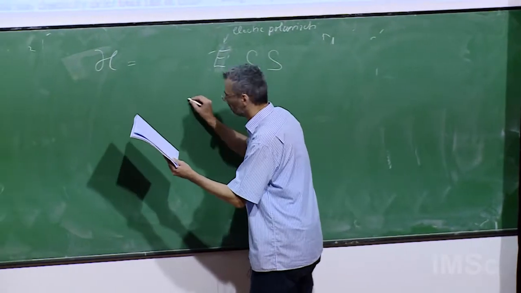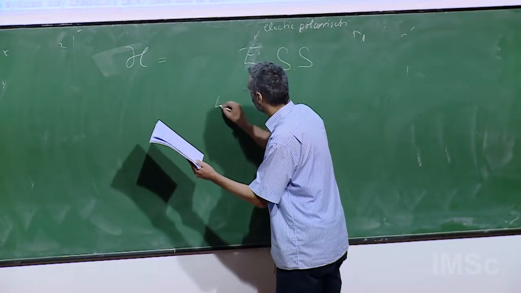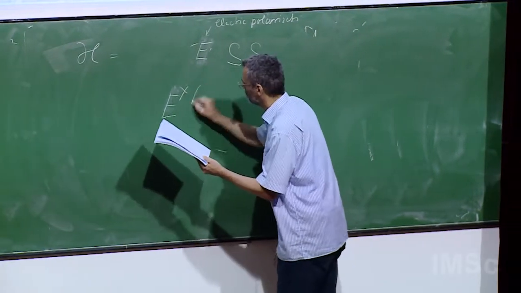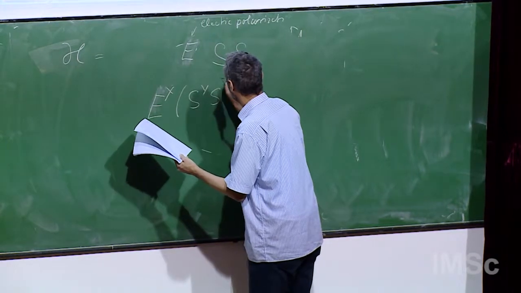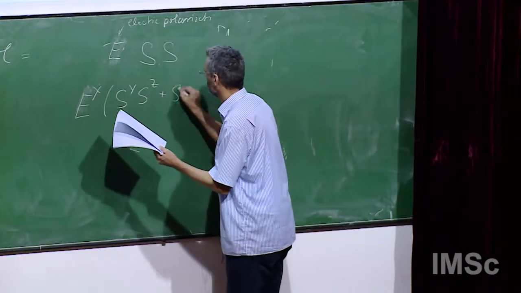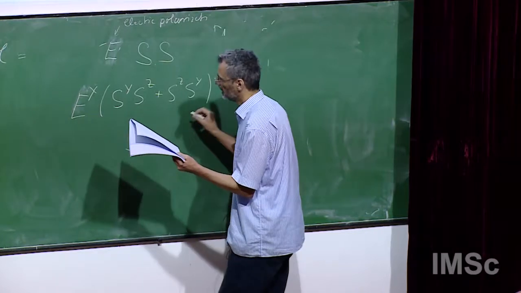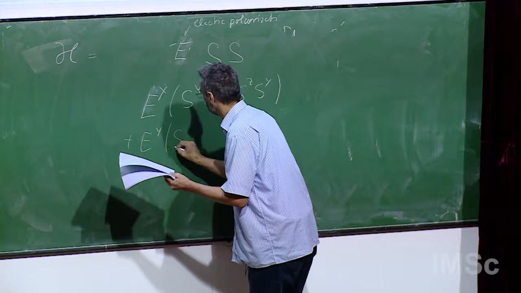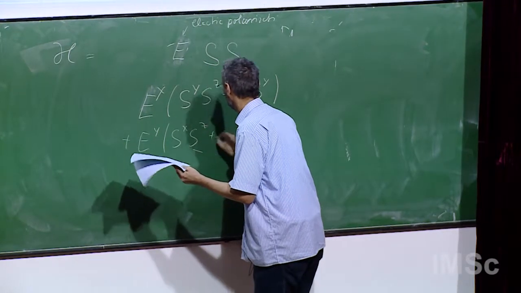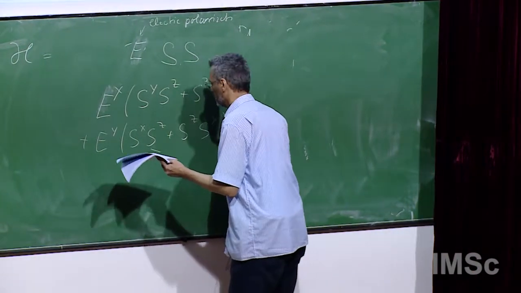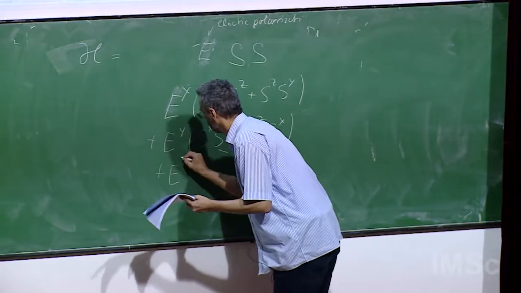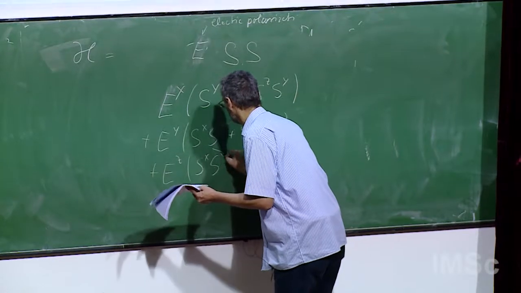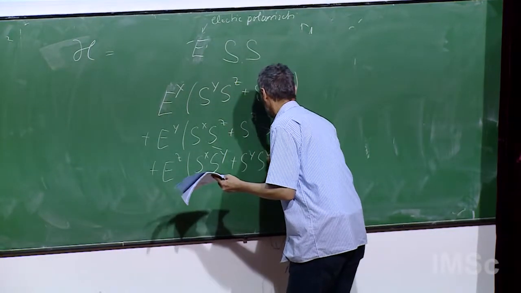So what is allowed is the following form: Ex times (Sy Sz plus Sz Sy) plus Ey times (Sx Sz plus Sz Sx) plus Ez times (Sx Sy plus Sy Sx).